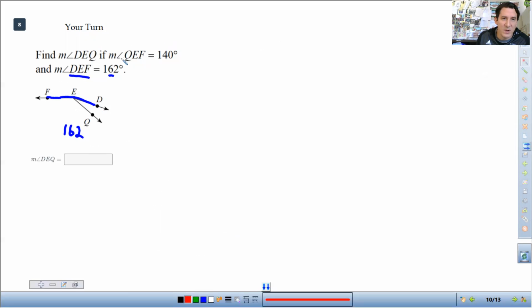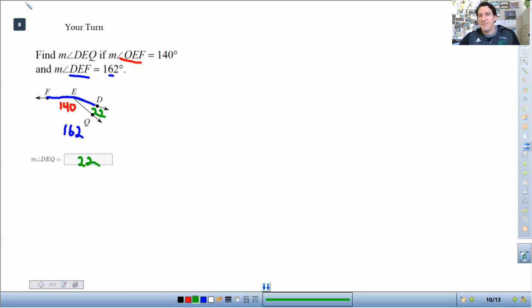All right. QEF, Q to E to F is just 140. So if this is 140, the whole thing is 160. What's this little part left over to get it to 160? That's going to be 22. Do 160 minus 140 is 22.